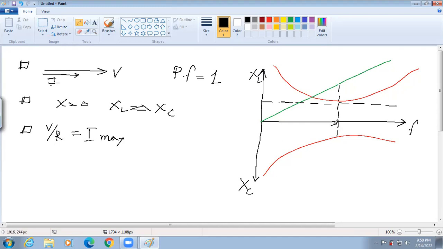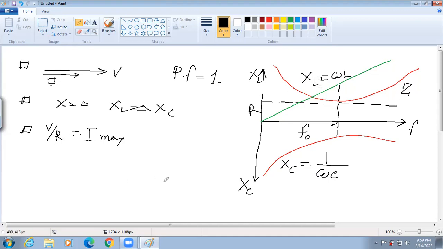And this point is F0. Okay, and this is XC. And this is R.